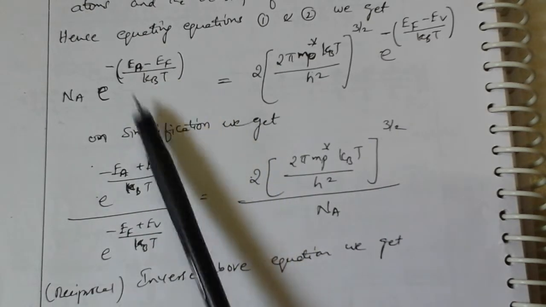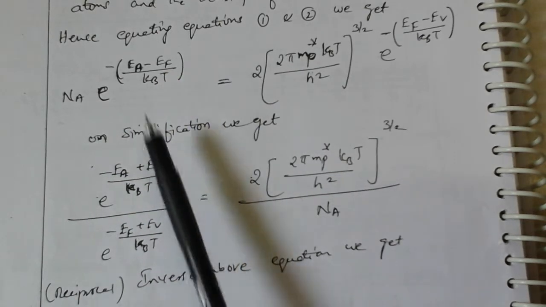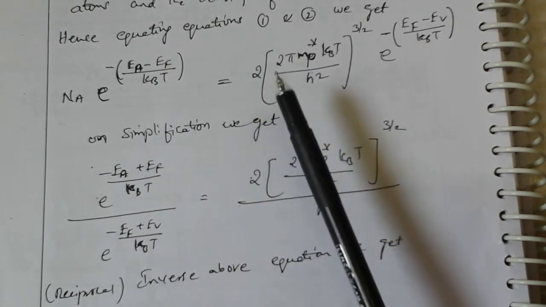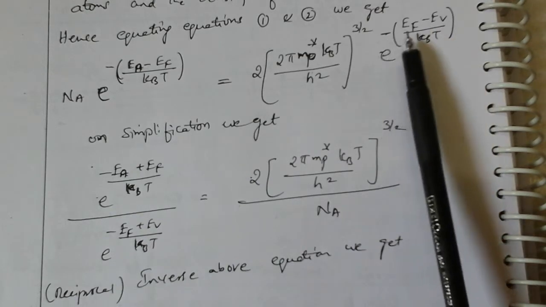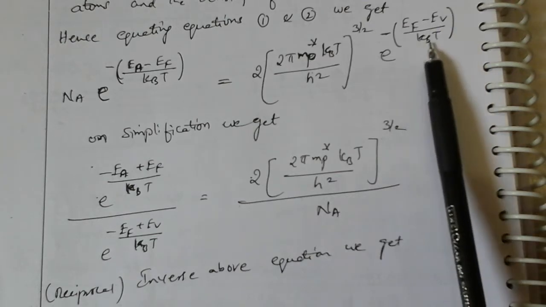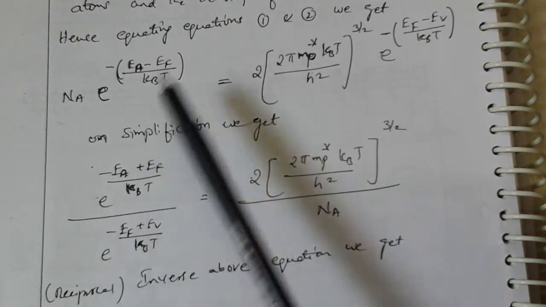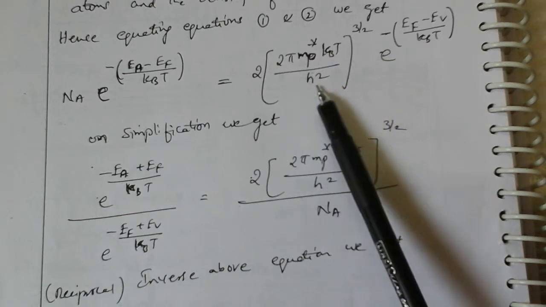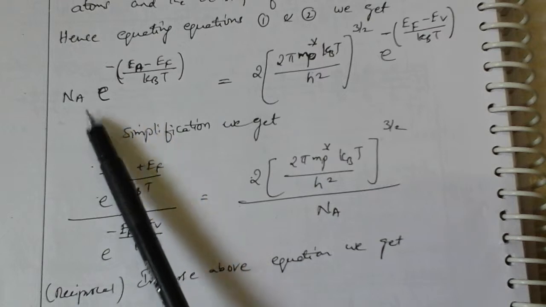Minus into Ea, minus into minus plus Ef by kBT is written here, e power. Now in this case, minus Ef, minus into minus plus Ev by kBT is written here, and as it is, 2 into 2 pi mp star kBT by h square, we already got, that is written here, this value is sent here.